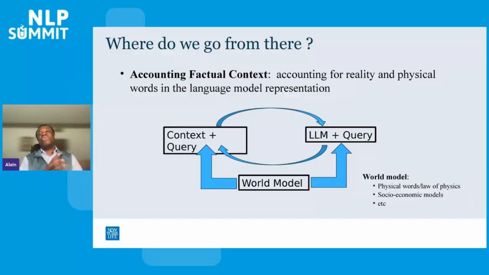What is the reality we live in? What is the socioeconomic reality we live in? We expand the use of context beyond simply the query we have, to the world we live in. So a world model has a broad context of applications that include the laws of physics, socioeconomic models, everything that we know, and that drives our LLM approach, driving the context of the query. That is my assessment of where we go from here.